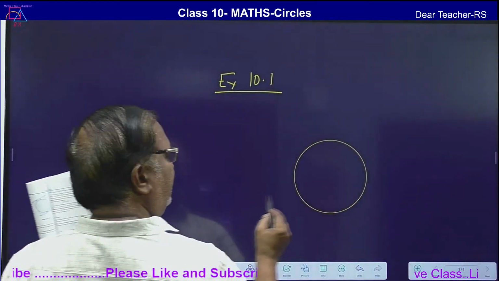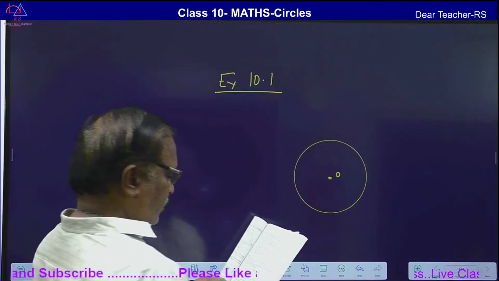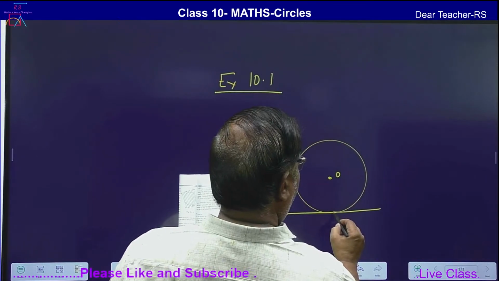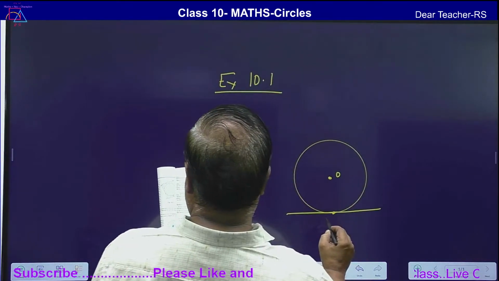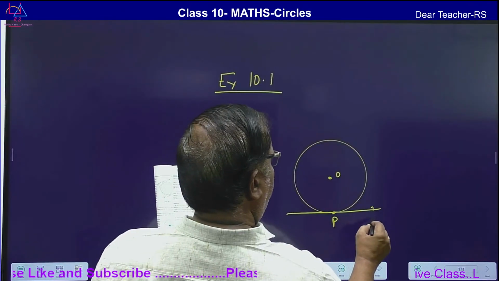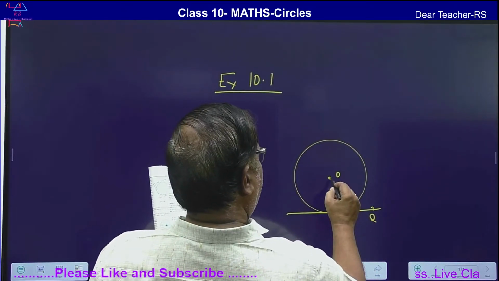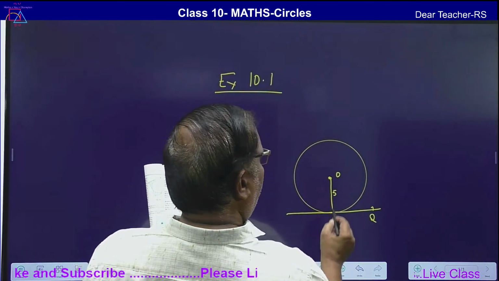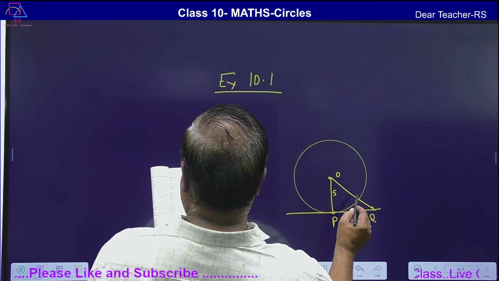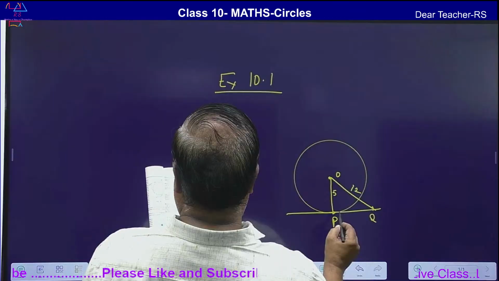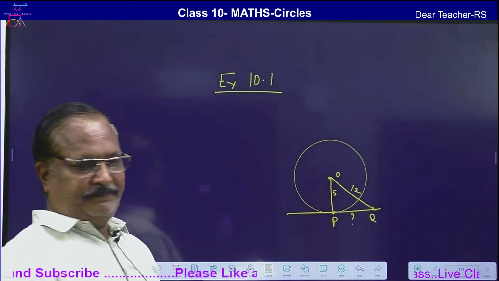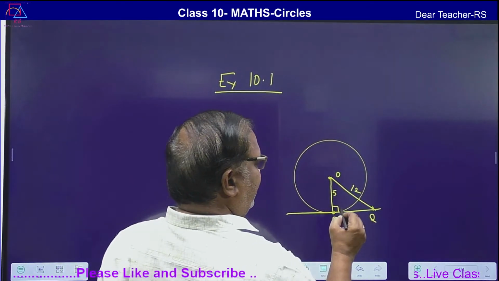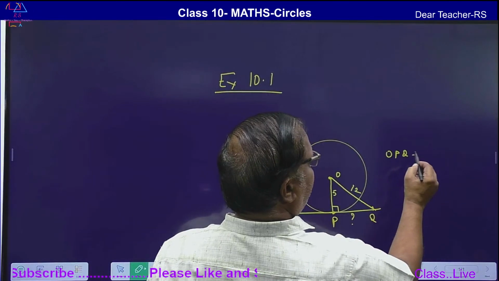This is the circle, this is the center O, a tangent PQ at a point P. The radius OP is 5, and OQ is 12, and then PQ is question mark. Very easy question. OPQ is a right angle triangle.